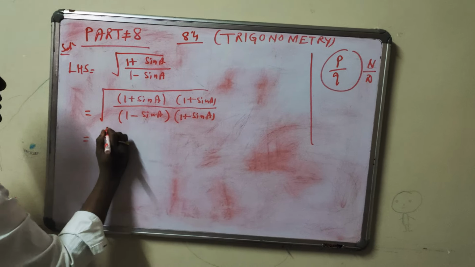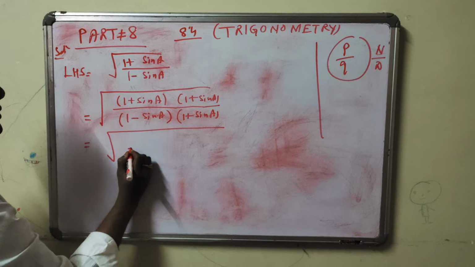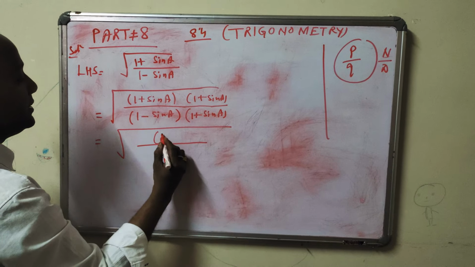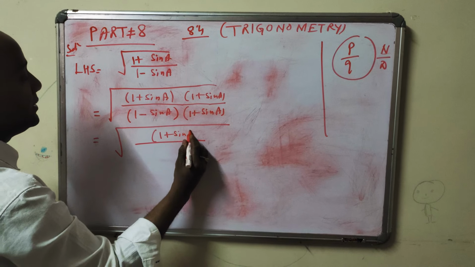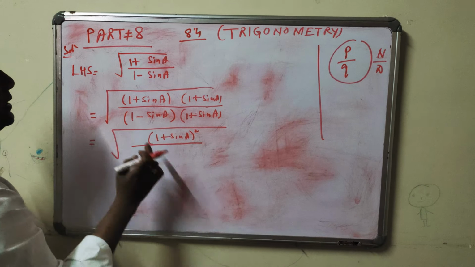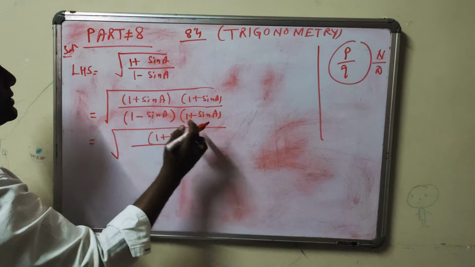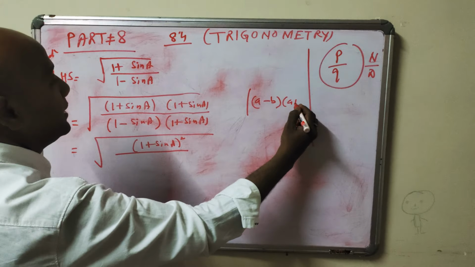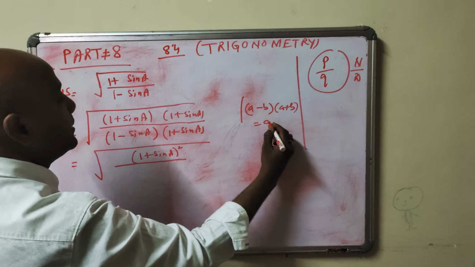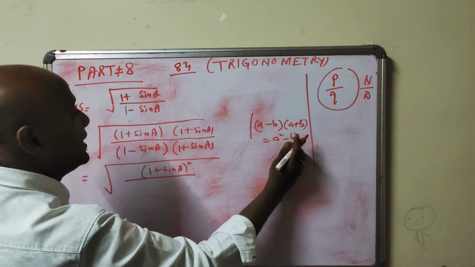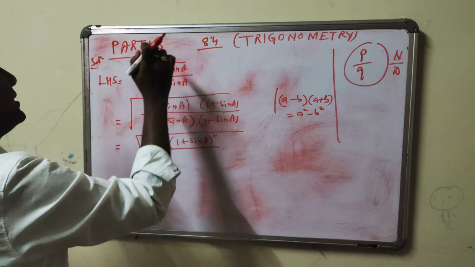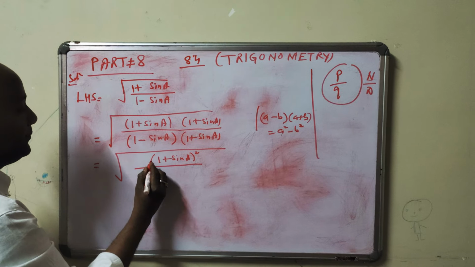See, now here in the numerator 1 plus sin A, therefore it will be 1 plus sin A whole square. Here 1 minus sin A, 1 plus sin A, it is like A minus B into A plus B. It is equal to what? A square minus B square, like in earlier class, in part 7 you have seen this sum.